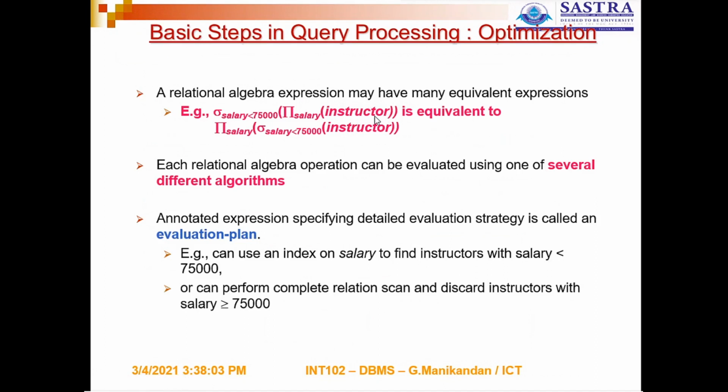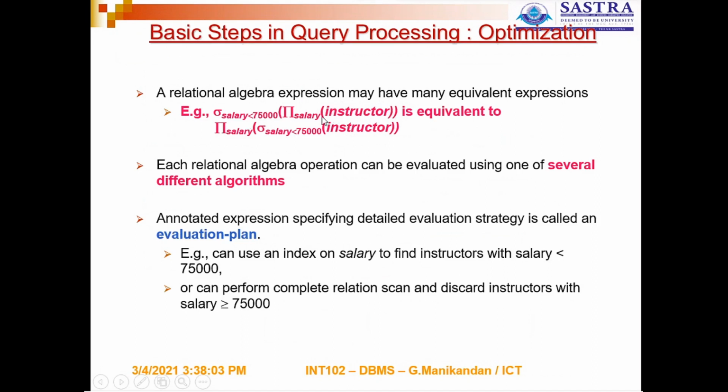From the instructor relation, I want to retrieve all the tuples which satisfy a particular condition: the salary is less than 75,000. In relational algebra we use the term relation; in a database we use the term table. So from the instructor table, I want to retrieve all the instructors who are getting less than 75,000.